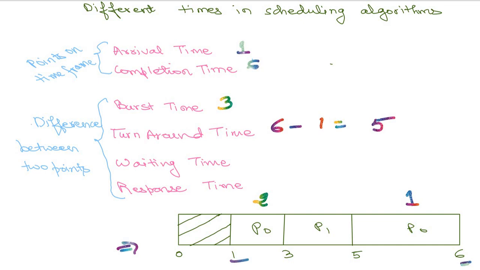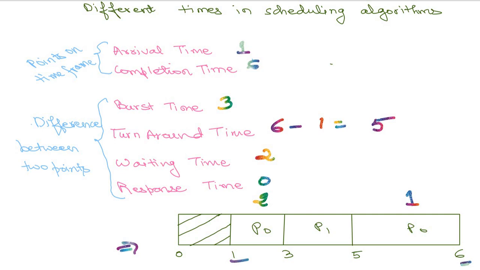We can see here that when P1 entered in between, that is from 3 to 5, the process P0 had to wait, and that was 5 minus 3 is equal to 2. Now response time is basically the time difference between the time it got allocated to the CPU and the time that it entered. Here we can see that it started exactly at the same moment, so that would be 0.